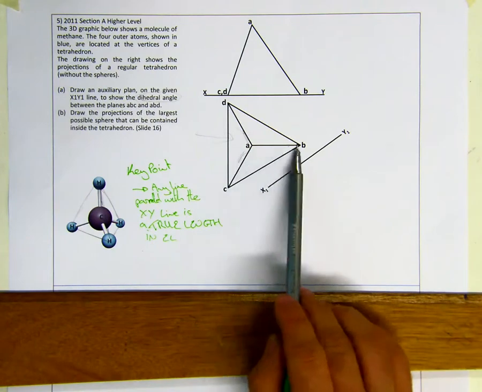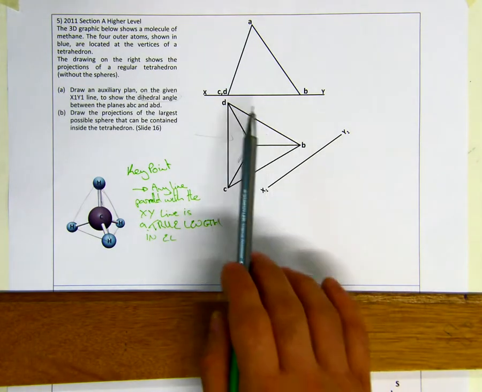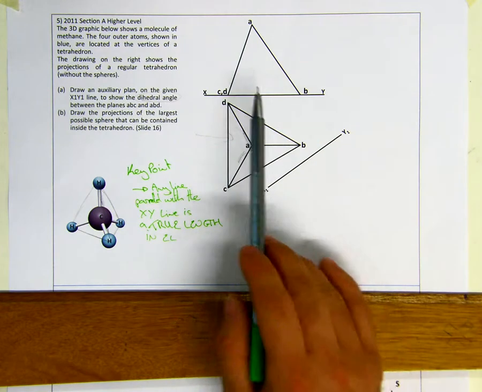So we have a line here, AB, which is parallel to the xy line, so it's a true length. This is a true length in elevation.